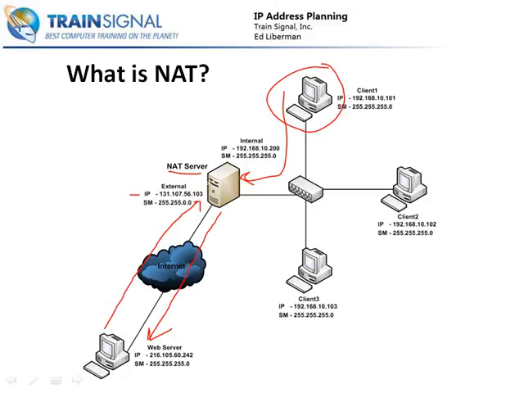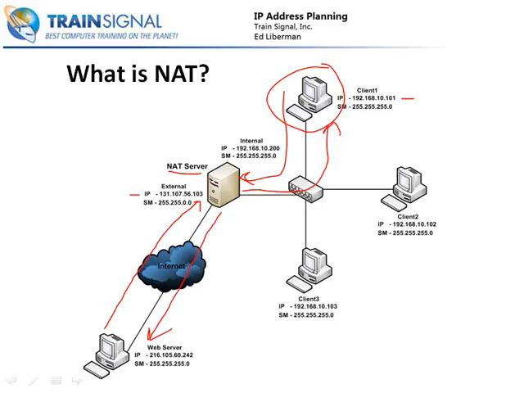And it looks in that memory log that it made, and it says, client 1 was looking for it. So I'm going to change this response, putting a destination IP of the client's IP address. And that way we send the response back to the client who originally requested it.